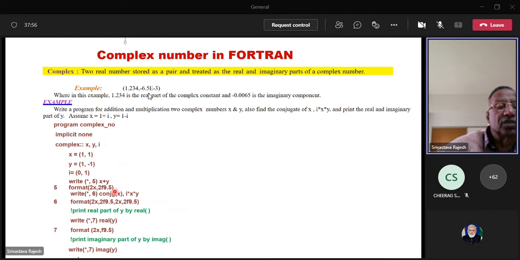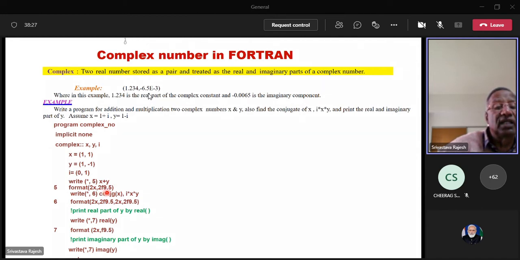So complex numbers can be added. And you see here, interesting thing is, for complex number, you have to give 2f 9.5. For a single complex number, you have to give that. So in all the F format and E format, although you are writing or reading one complex number, your format should be double.